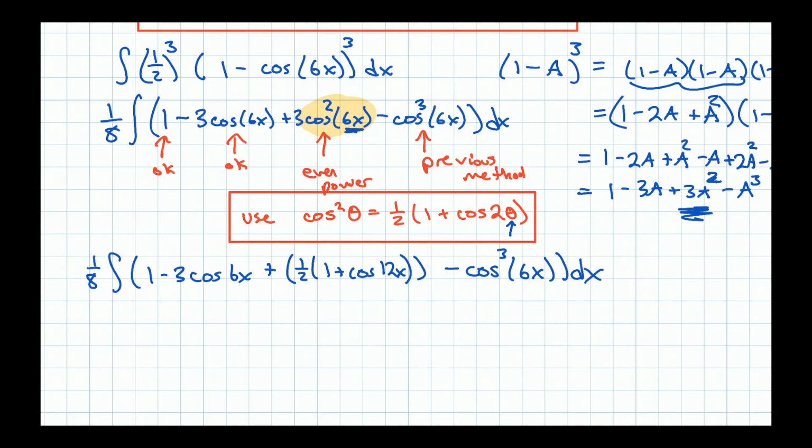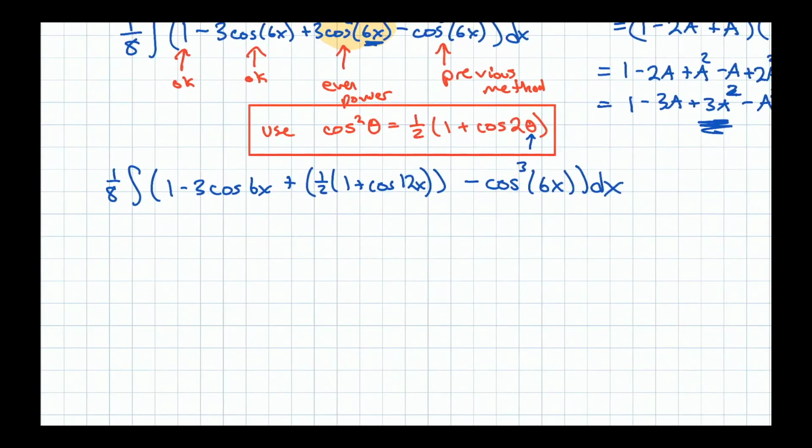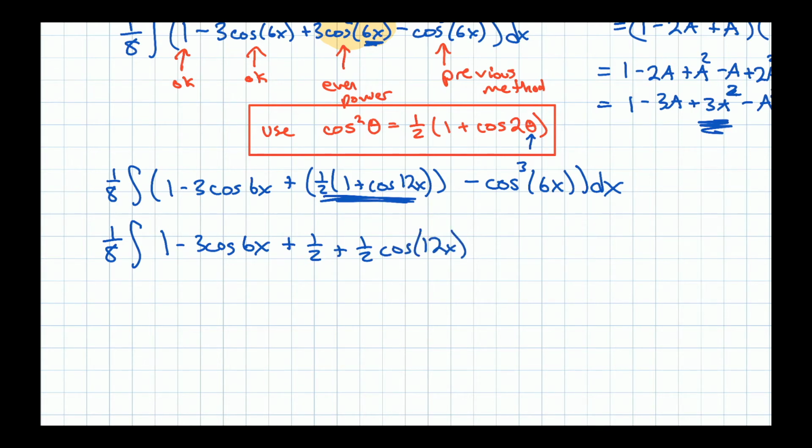All right. So let's see where we are. We've got 1/8 integral 1 minus 3 cosine 6x. Let's multiply this out. Plus 1/2 plus 1/2 cosine 12x minus cosine cubed 6x dx. Well, what can we do? First thing I'm going to do is rewrite this one more time.